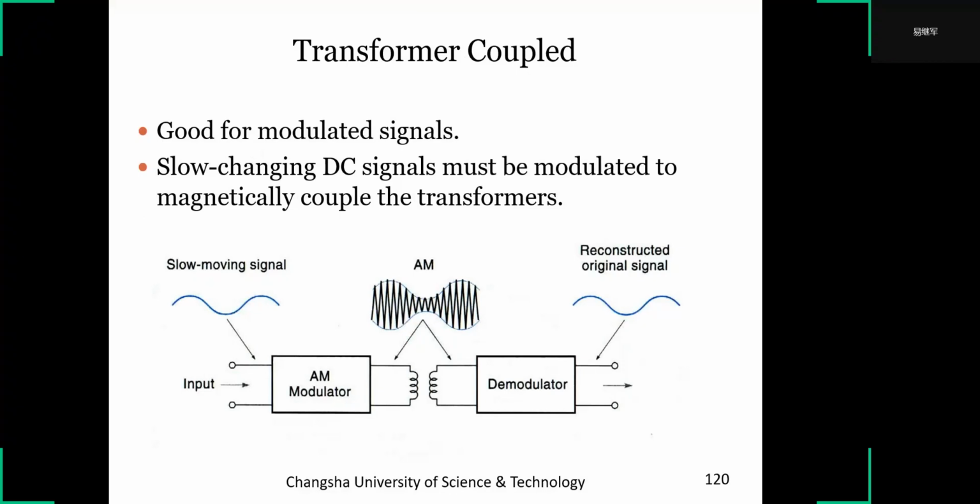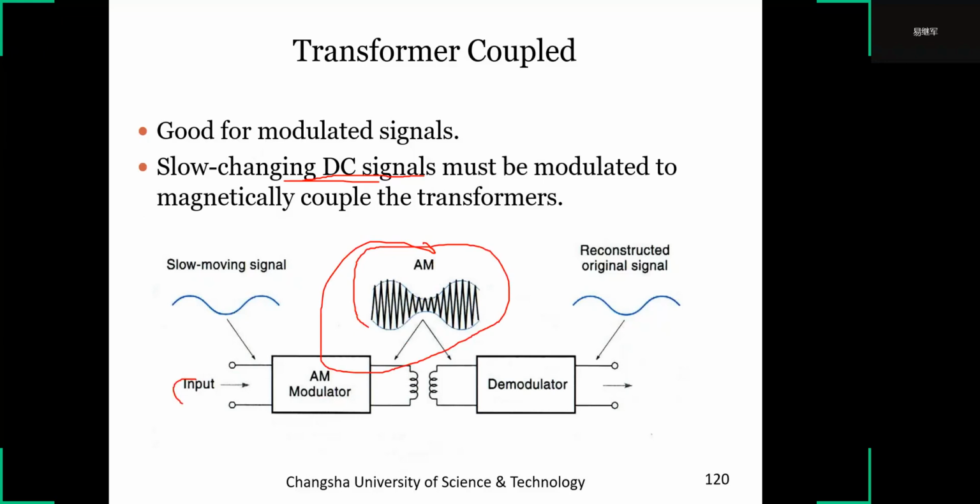For DC signals, if we want long range transfer, we need to modulate the signal to a suitable form.